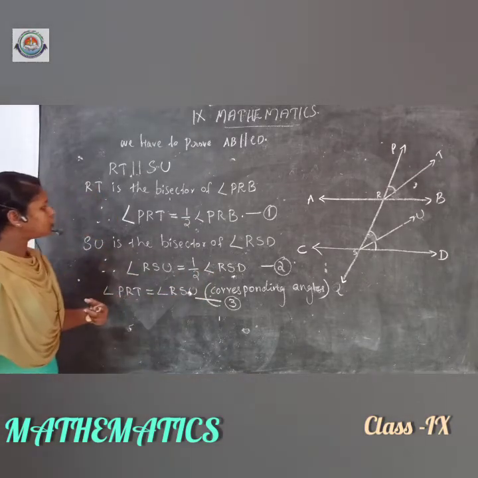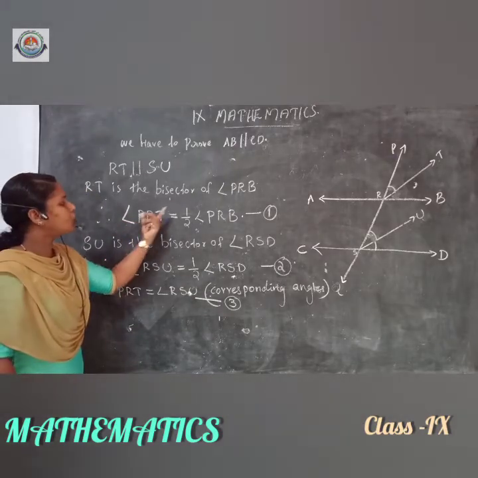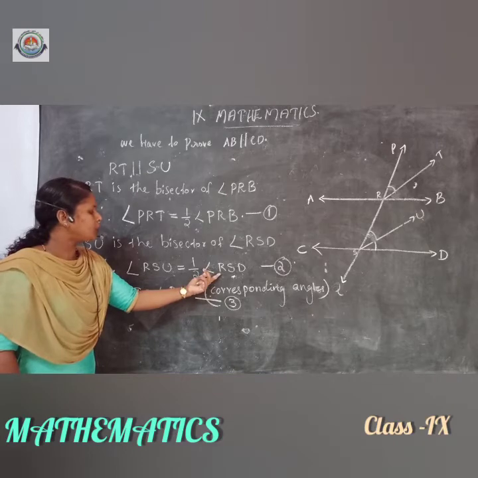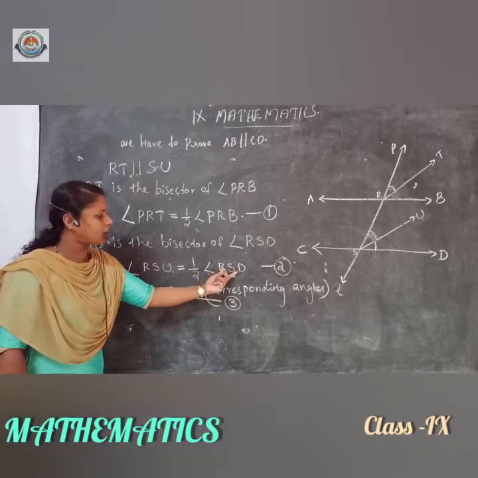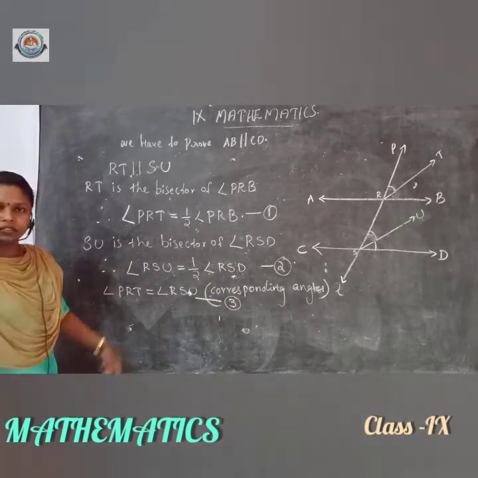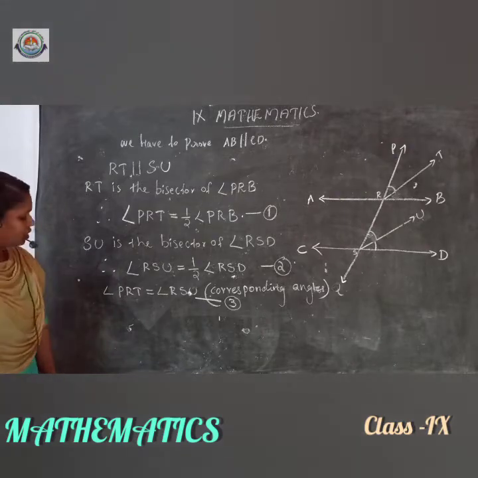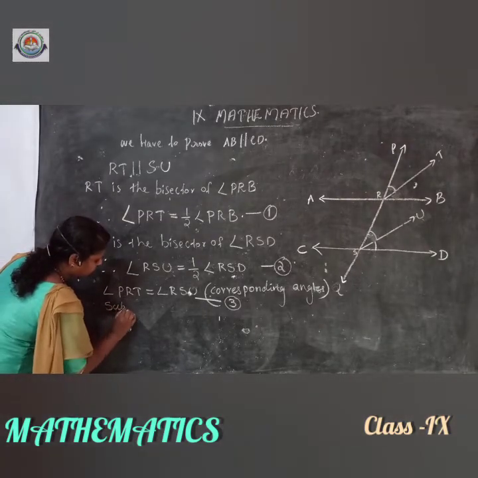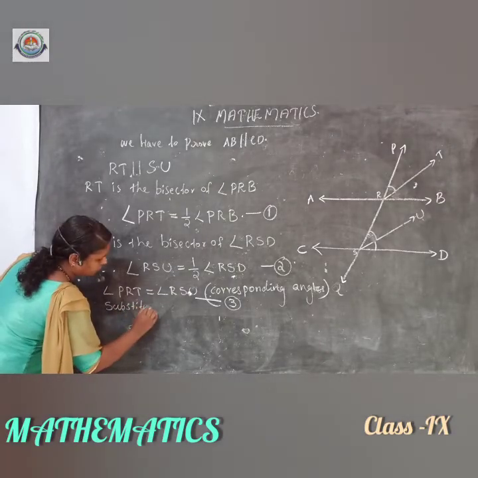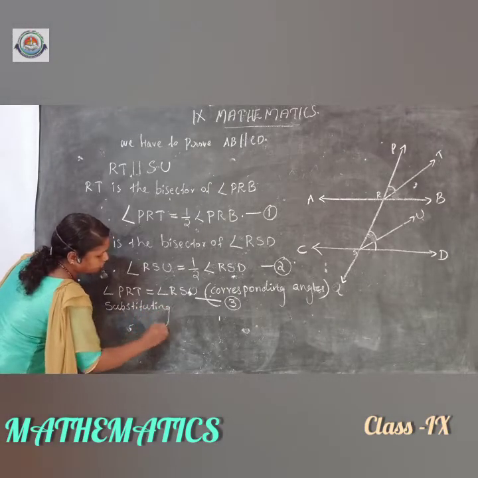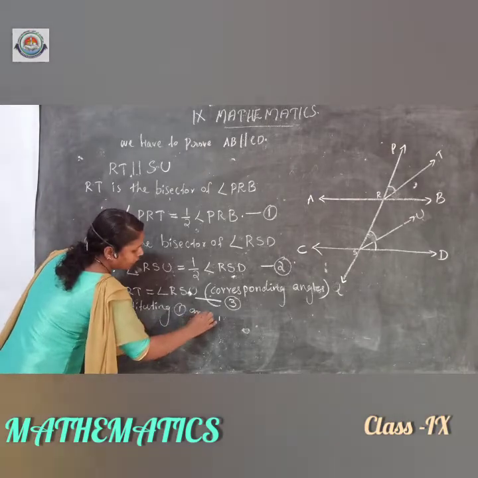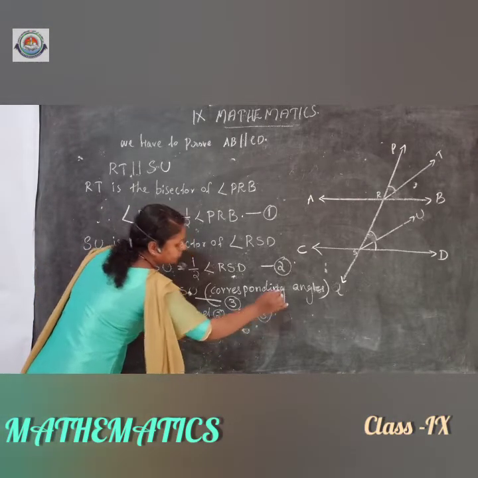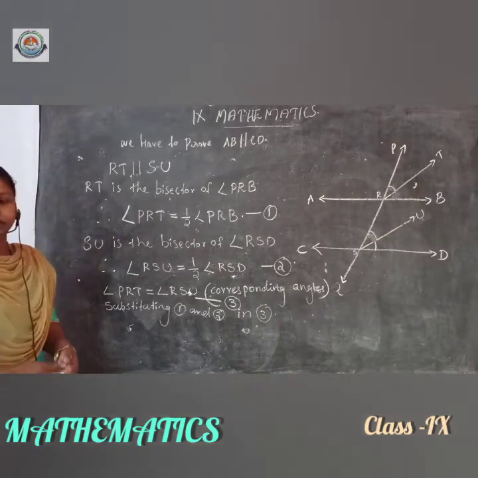So we can substitute PRT equal to half angle PRB and RSU equal to half into angle RSD in equation 3.